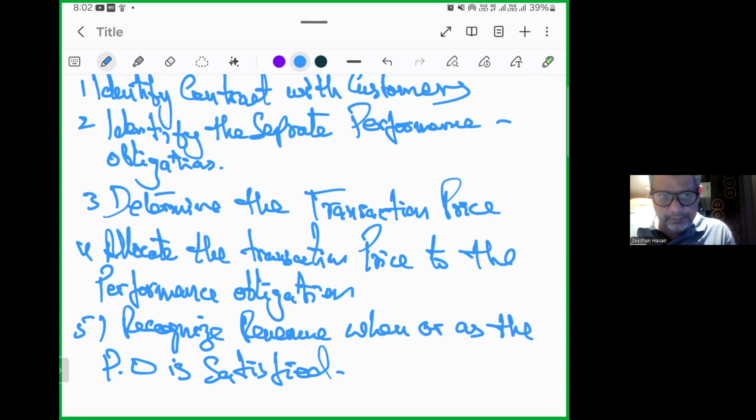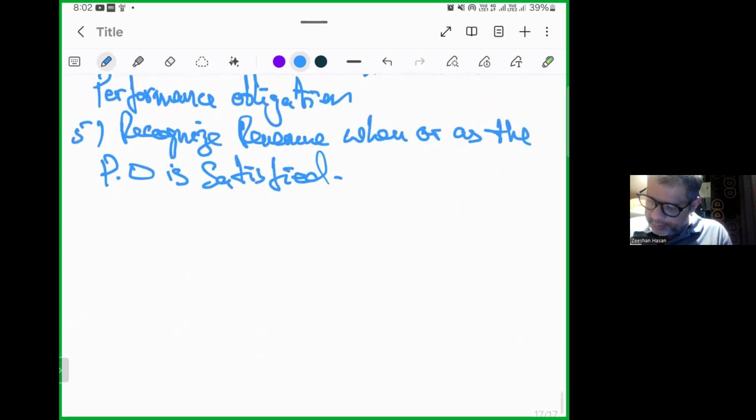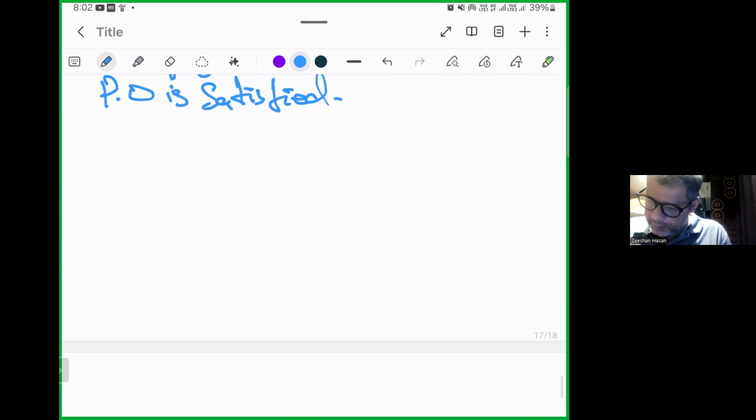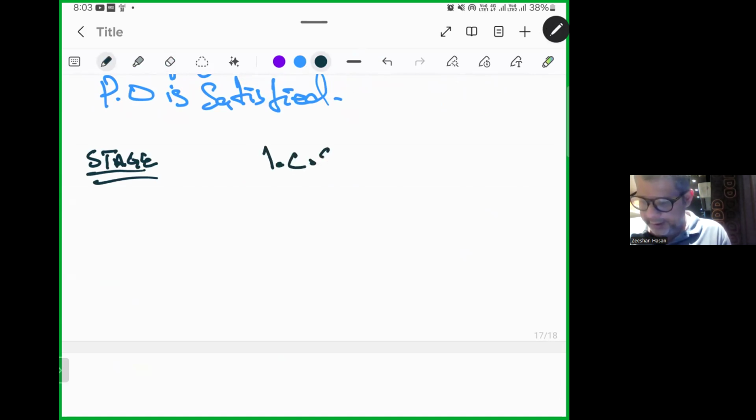Well, let us look at them one by one. For example, we have the heading of stage, the heading of internal control example, and sample test of control.